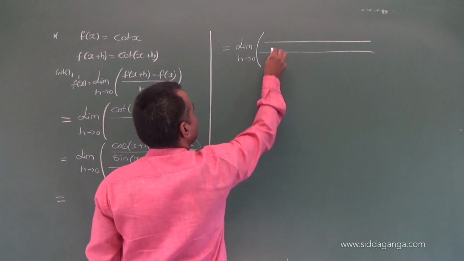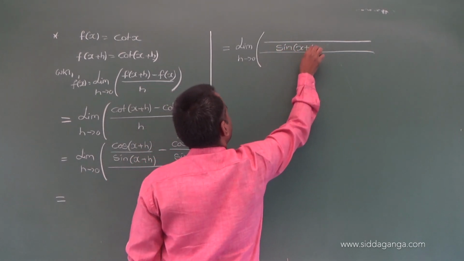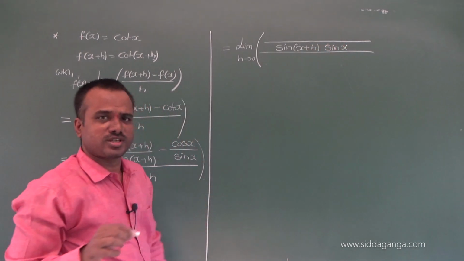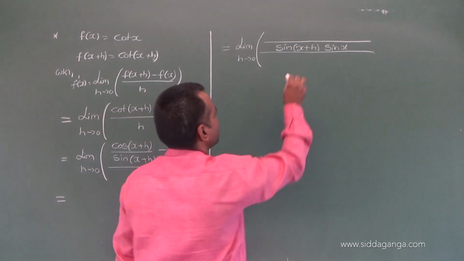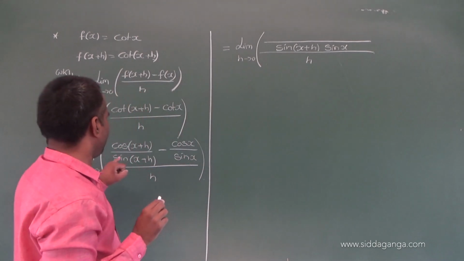The LCM is sin(x plus h) into sin x. Correct? The denominator is h. So what happens in the numerator?